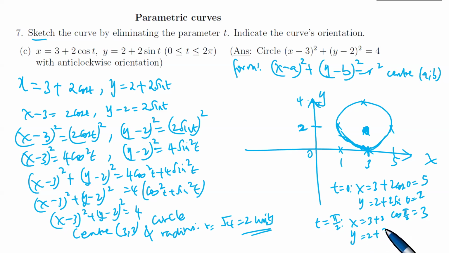Y becomes 2 plus 2 sine pi over 2 radians, well, it becomes a 4, because cosine 90 degrees is 0, giving us a 3, and this one is 2 plus 2, giving us a 4. Obviously, at this point, you need to pay particular attention to this, and also see to it that you are able to understand these things.